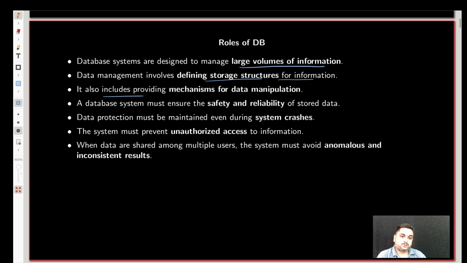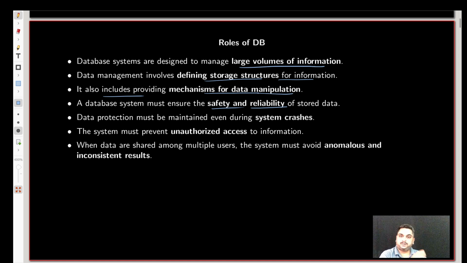It also includes providing mechanisms for data manipulation. Every application needs to change or update some data, and for that it also provides an efficient set of programs. It should also ensure safety and reliability.